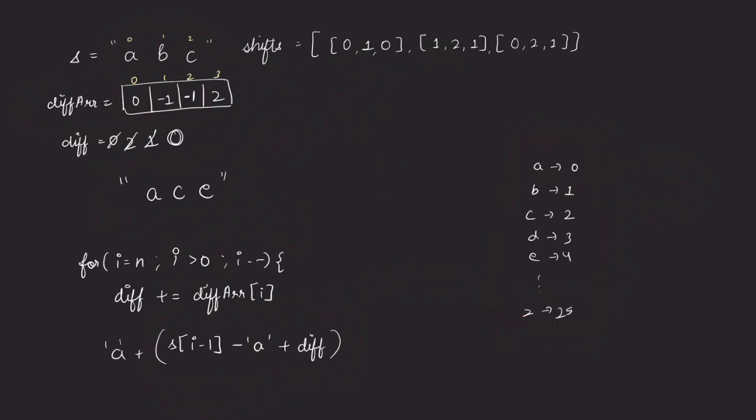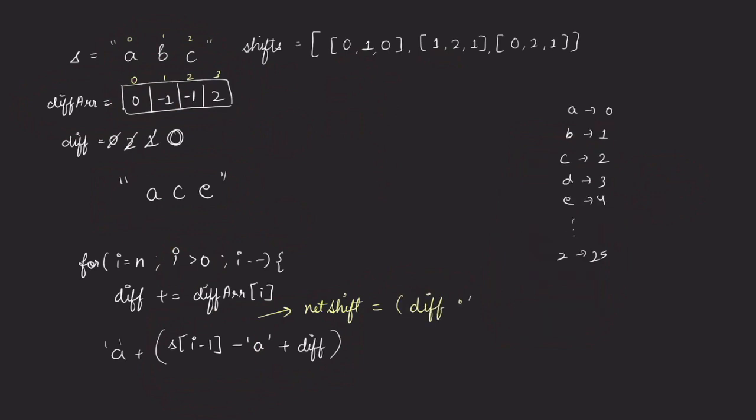For that, we will calculate the net shift, and this net shift will be equal to (difference modulo 26 plus 26) modulo 26. And then here also we will do a modulo by 26, and instead of difference we will use the net shift, right?